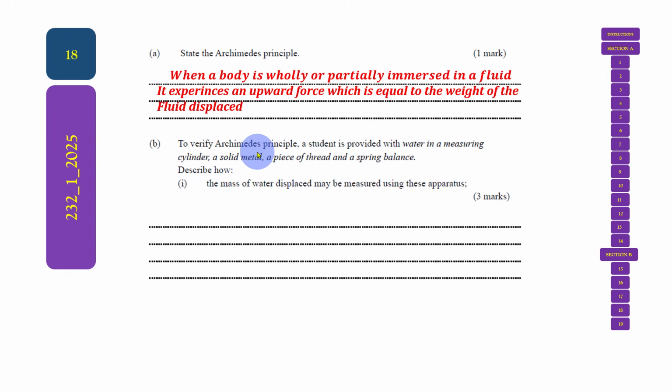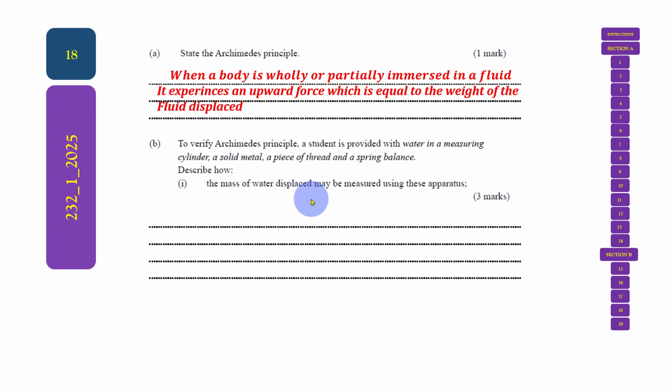We are not required to use any other apparatus other than this. And the only way we can do this in order to measure the mass of the water displaced is first of all to determine the volume of the water displaced and then use the density of water to calculate the mass of the water.